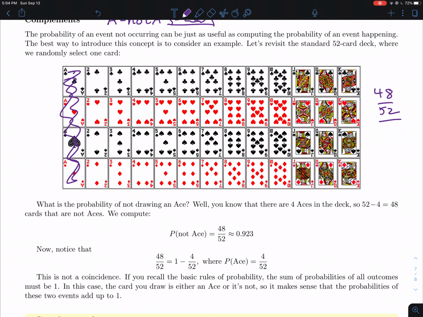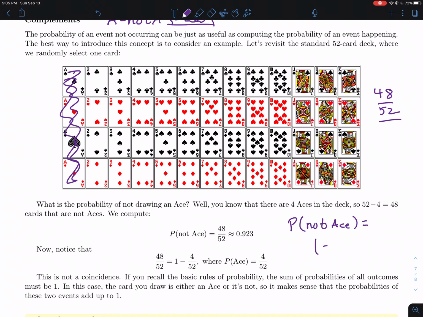And that totally works. It works all the time. Now, if your sample space is really, really big, it might be tricky to actually count all of them, so that can be where you run into a problem. But what you can do on the other hand is, remember, since all of our probabilities add up to 1, the probability of finding not an ace would be 1 minus the probability that it is an ace.